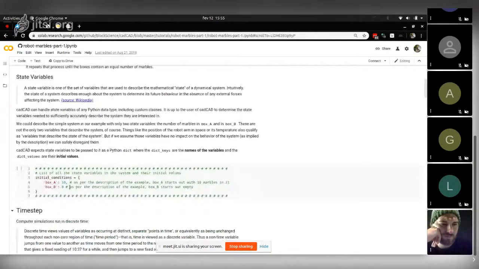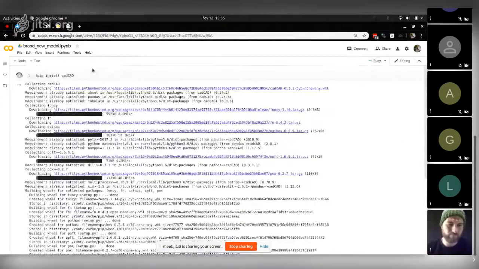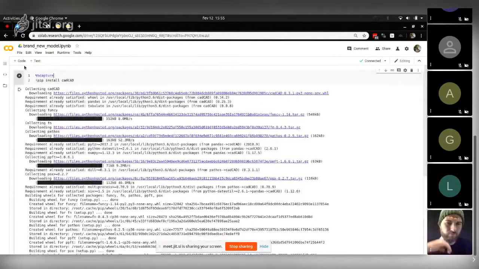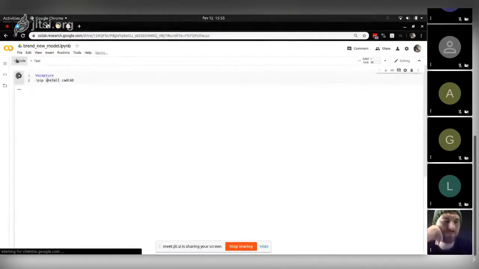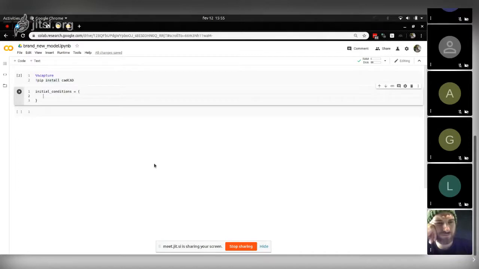The initial conditions dictionary always serves as a guide of what we want to model. When I design a cadCAD model, I always begin with defining the initial conditions because it defines the state. A model that I like a lot is the prey-predator model. I can try to do that.